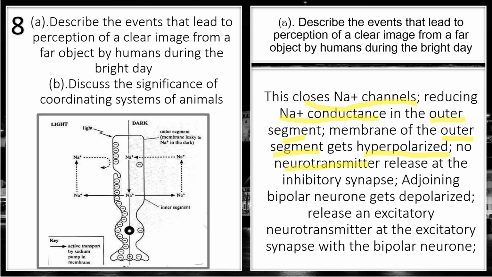No neurotransmitter is released at the inhibitory synapse adjoining the bipolar neuron, which gets depolarized. It releases an excitatory neurotransmitter at the excitatory synapse with the bipolar neuron.